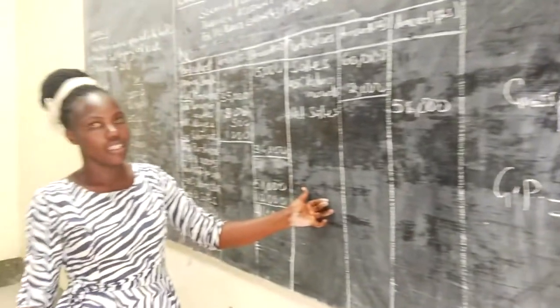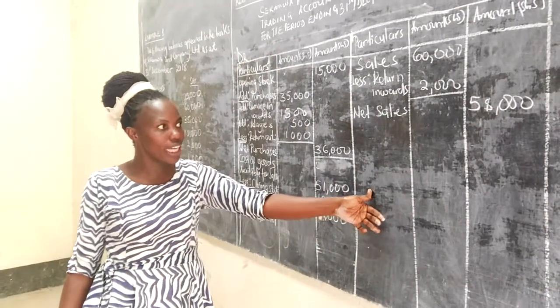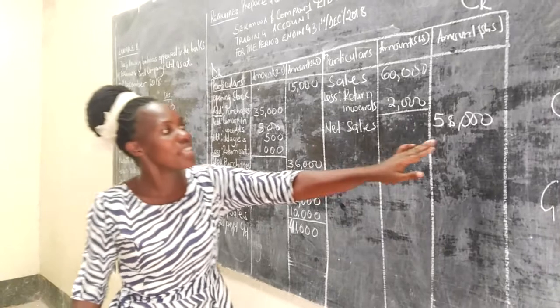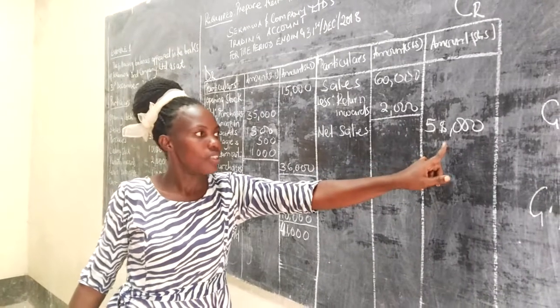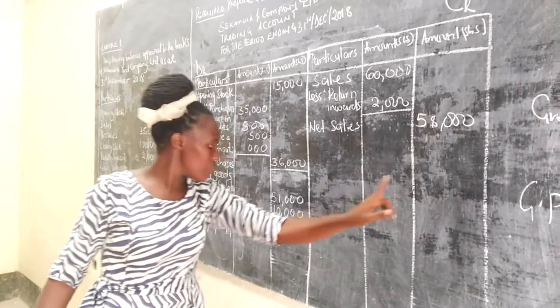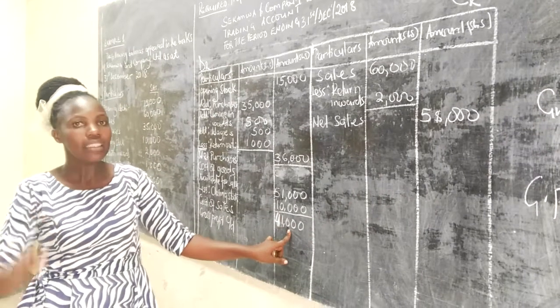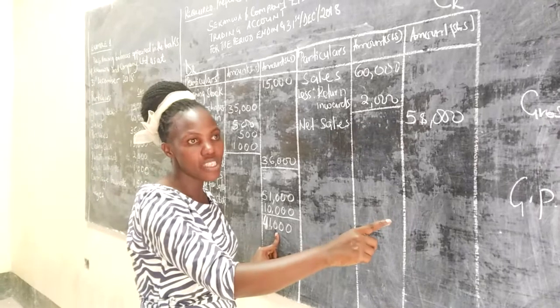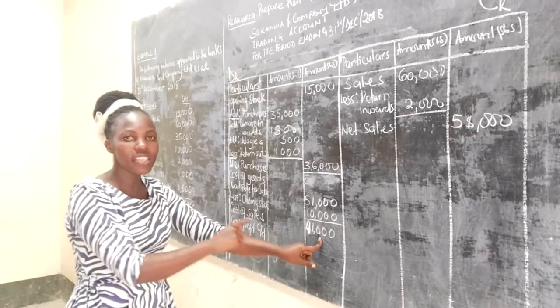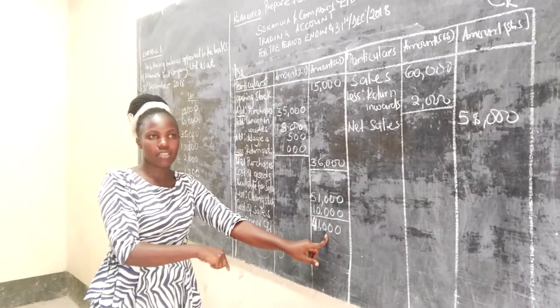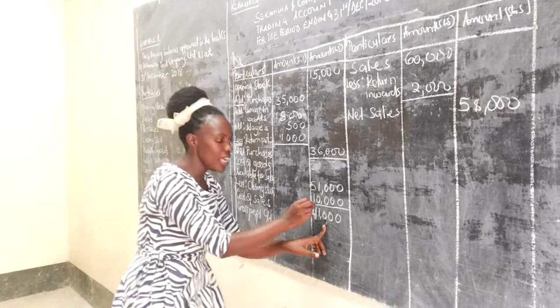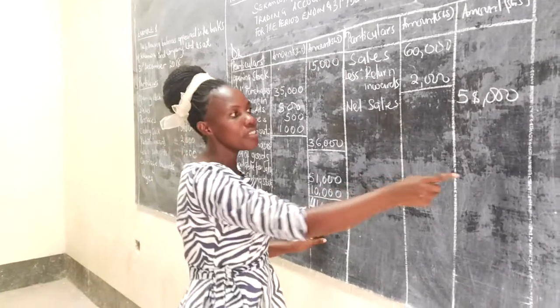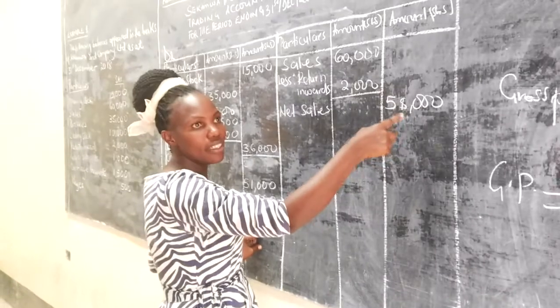Come back here in our horizontal formatting trading account. The side which is bigger, this one is 58,000 and this one is 41,000. So you have to get the difference and put it on the side which is less. The debit side is lesser than the credit side, which is 58,000.